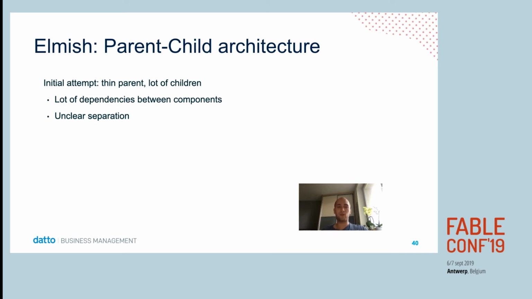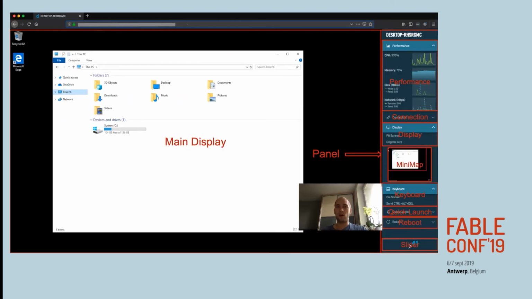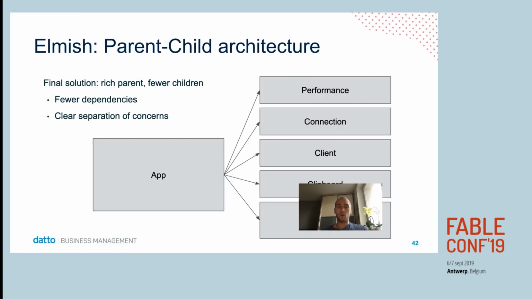But this approach led to lots of dependencies between components and really unclear separation of concerns. If I were to picture that somehow, you can imagine what it looked like. So I would have separate components for every single functionality within the application. It didn't work out very well, and eventually I ended up with a solution where I moved most of the logic to the main component, to the parent, and have much fewer children right now.